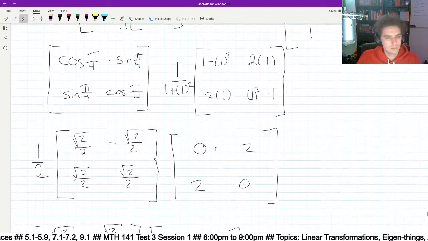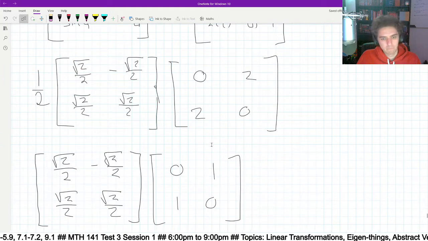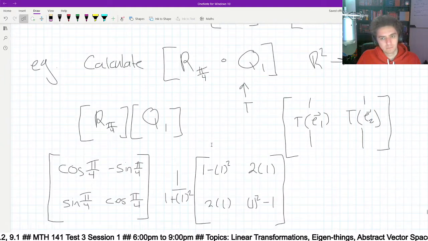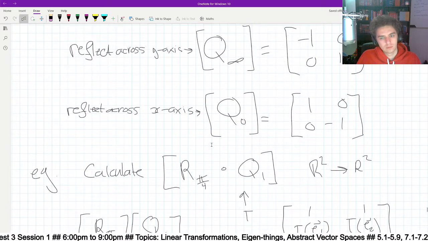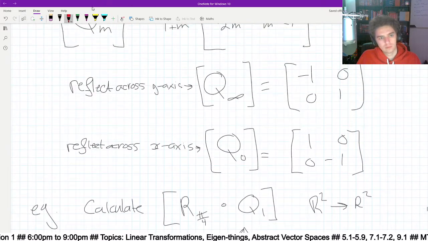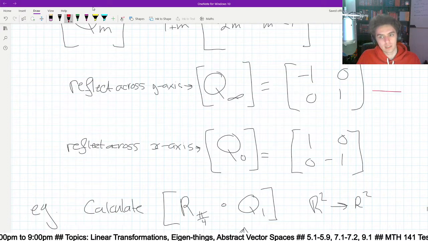Could we also, in order to find that Q, if it has a reflection in the y-axis, multiply all our x values by -1? And if there's a reflection in the x-axis, multiply all our y values by -1? That's exactly what these matrices are doing.